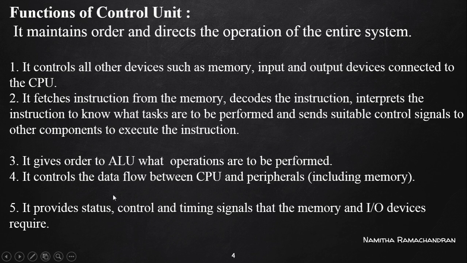And also this control signals controls data flow between CPU with peripheral devices like input output devices and memory. Control the data flow through the buses. And also it provides status information, control information and timing signals to the peripheral devices.